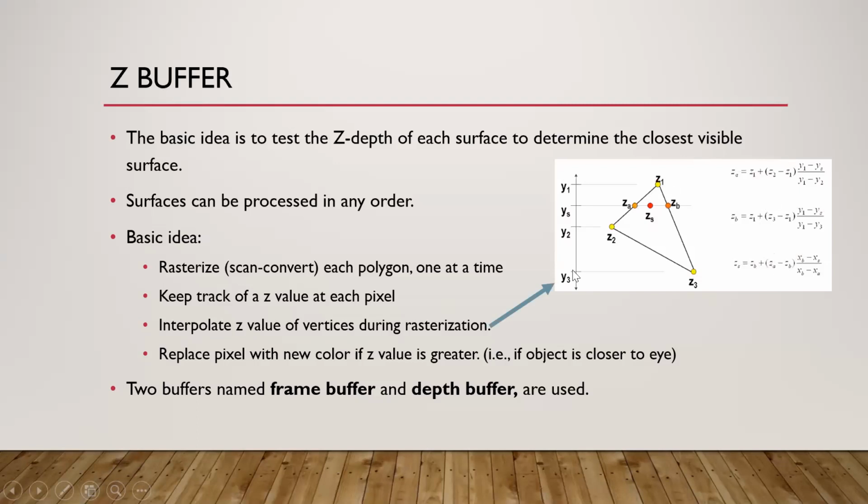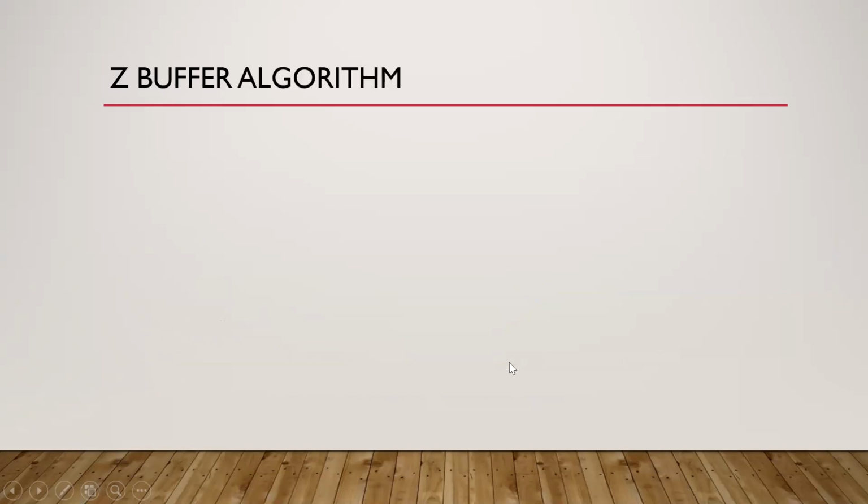That means z1, z2, z3 are already available while you're drawing the polygon, and the other pixel values are obtained by the interpolation method. Clear? Fine.